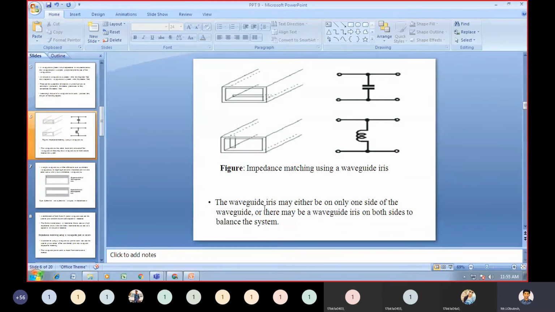The waveguide iris may be on only one side of the waveguide, or there may be a waveguide iris on both sides to balance the waveguide system.